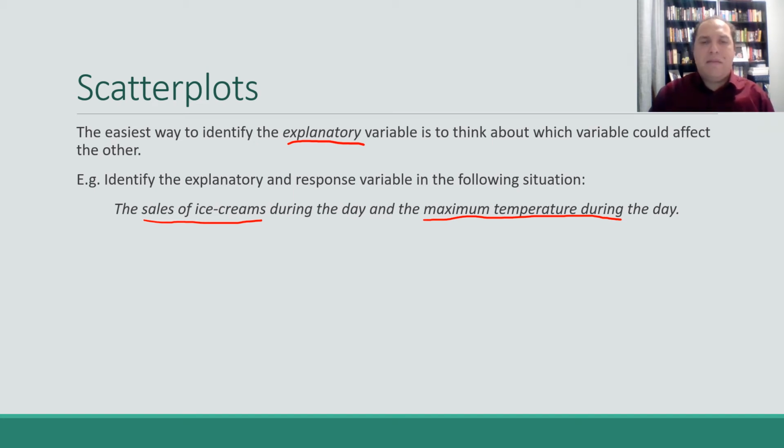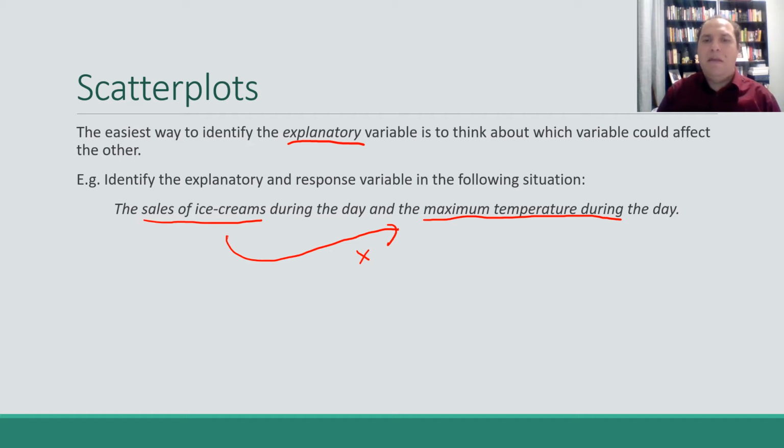Now, the explanatory variable is the one that could affect the response variable. So could the sales of ice cream affect the maximum daily temperature? That doesn't really make sense, right? Sales cannot affect the maximum temperature.